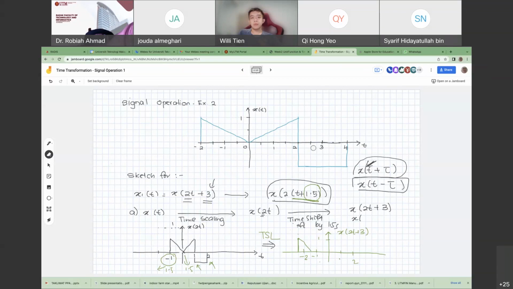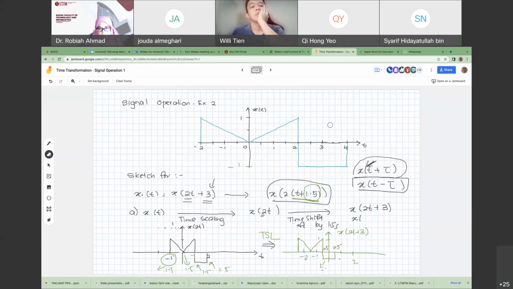So it will be minus 0.5, and 0.5 here, minus 0.5 here. So this one's value is also -1. Okay, so this is first scaling and then time shift left.